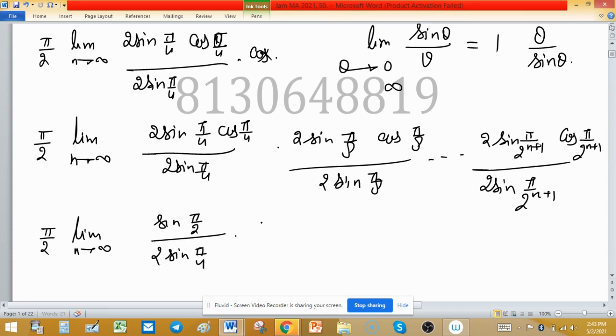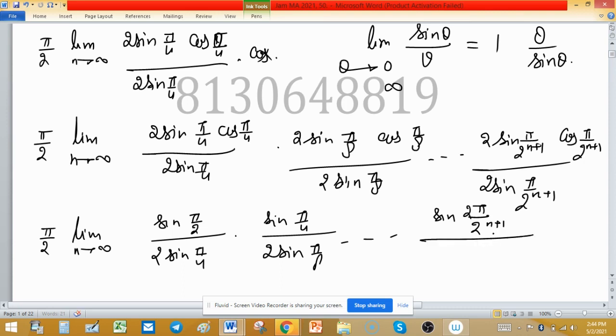For the second term, it will be sine pi upon 4 divided by 2 sine pi upon 8 and so on, sine pi upon 2 raised to the power n, divided by 2 sine pi upon 2 raised to the power n plus 1. So 2 cancels out, so 2 raised to the power n. You can observe sine pi upon 4 cancels out by this one. This sine pi upon 8 will cancel out by the next term.